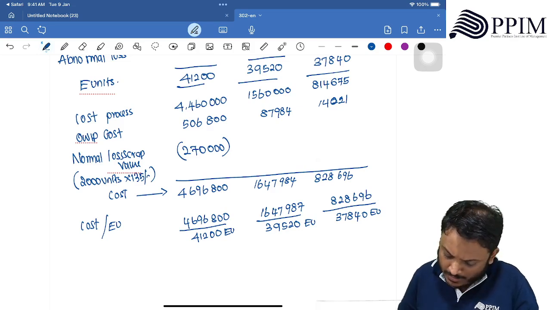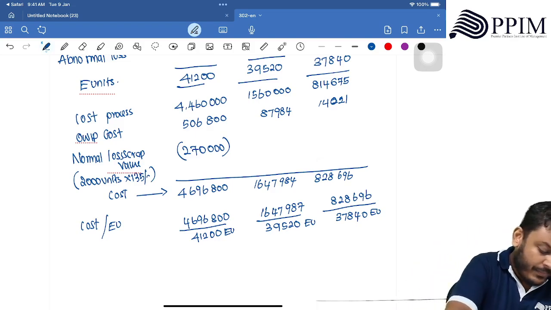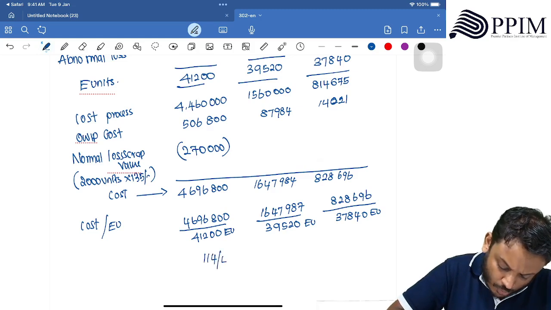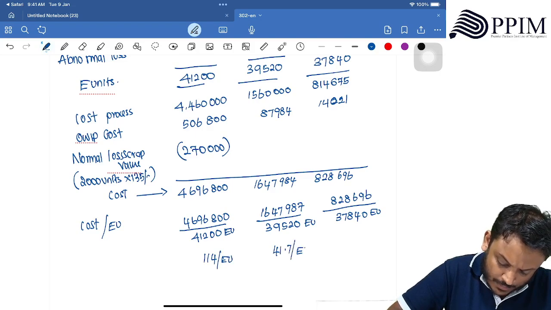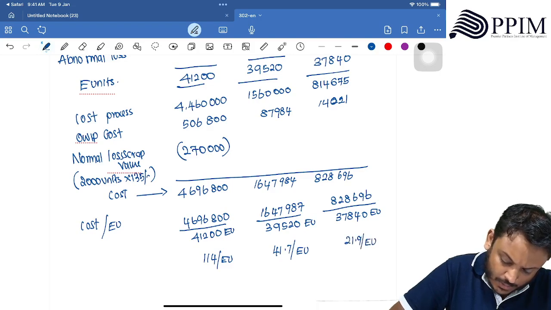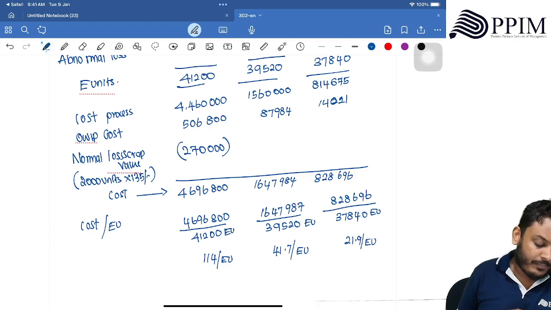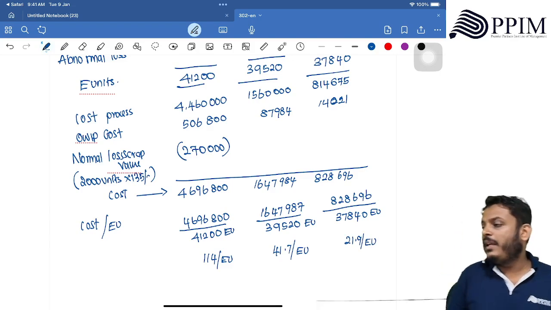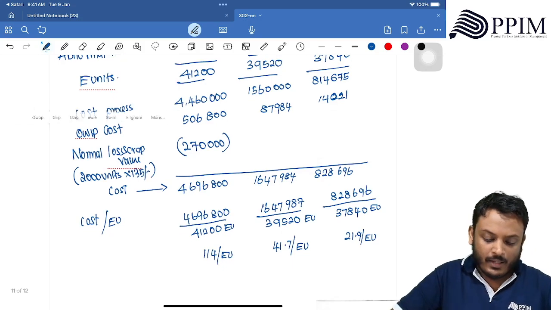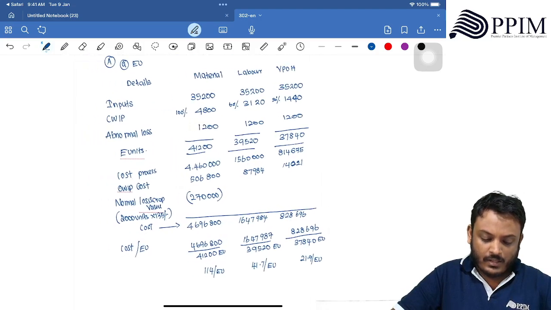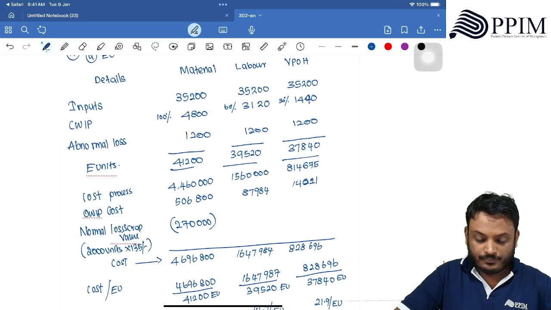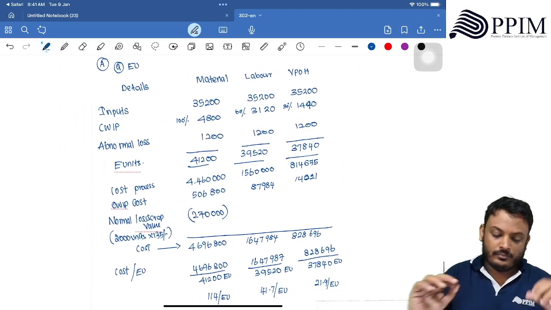So that is 114 per EU, 41.7 per EU, and 21.9 per EU. This is the equivalent unit statement. Lamai, complete this.